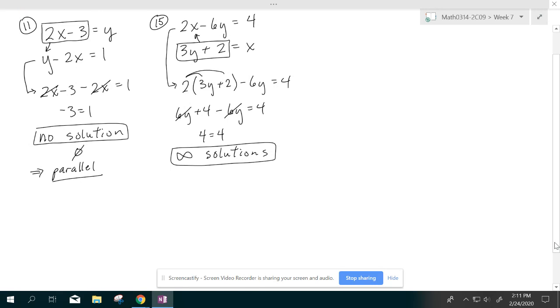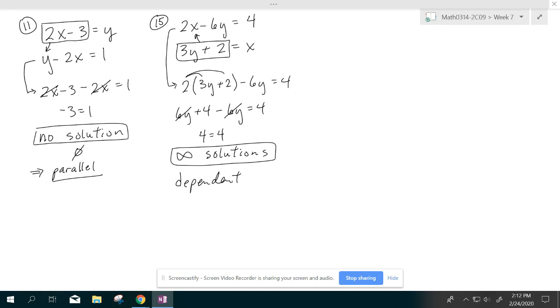All right, so the one thing I haven't talked about is the words that you need to know. Remember I said a while ago, consistent or inconsistent, dependent or independent? So let's talk about those real quick. Lines are dependent if they lay on top of each other.